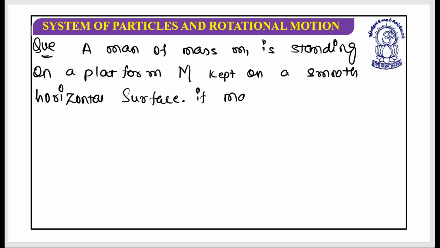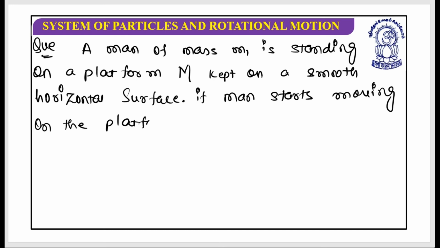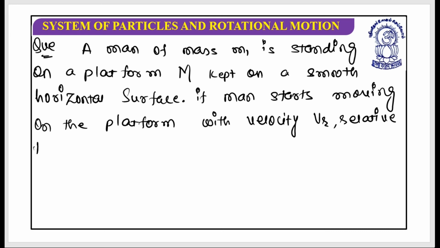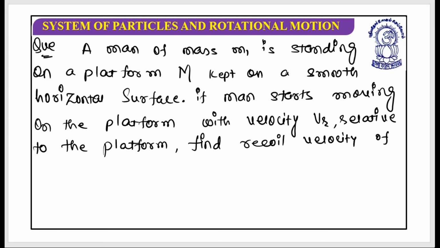If the man starts moving on the platform with velocity vr relative to the platform, find out the recoil velocity of the platform.